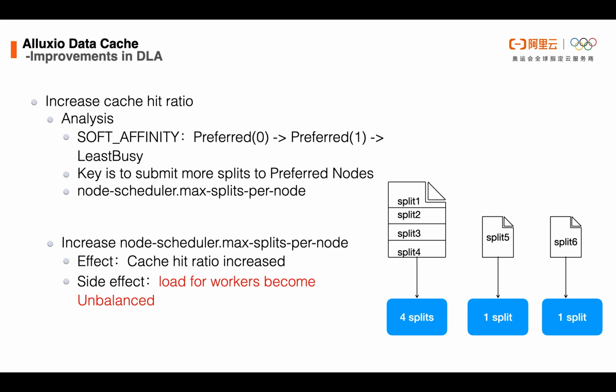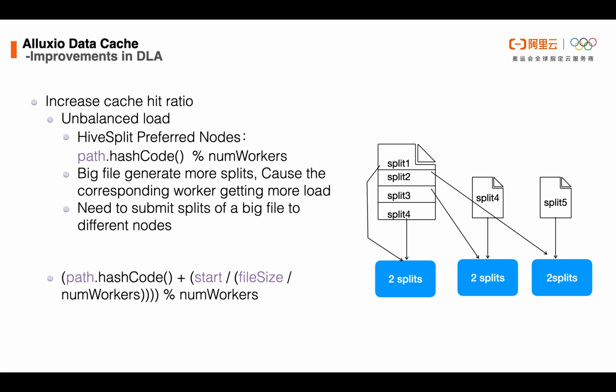So if a file is bigger than other files, then the corresponding worker will have more splits and thus more load. So to solve the problem, we need to submit splits of a big file to different nodes.